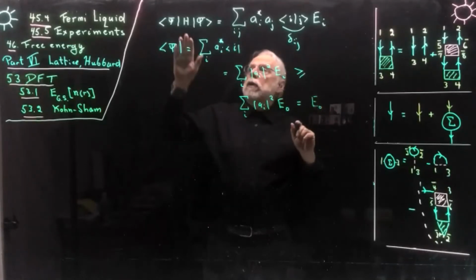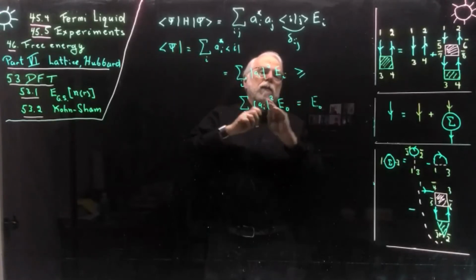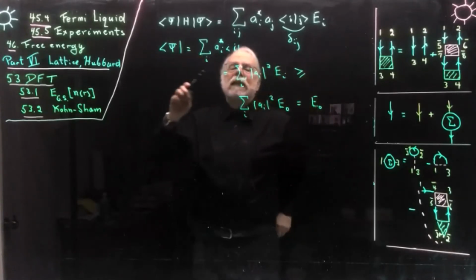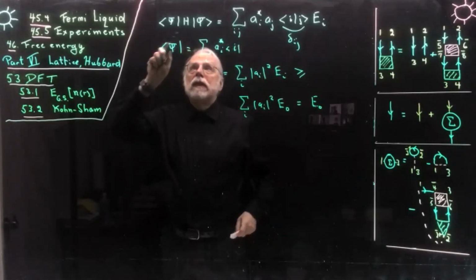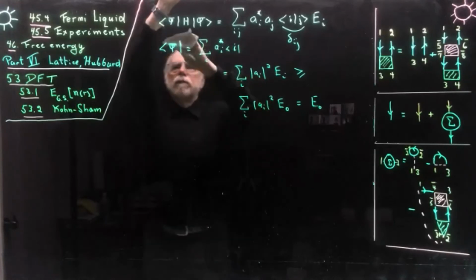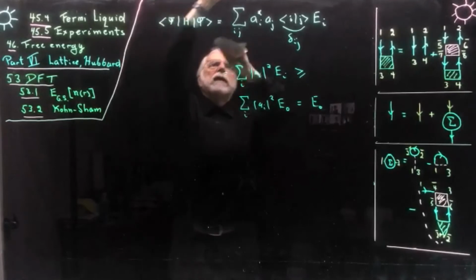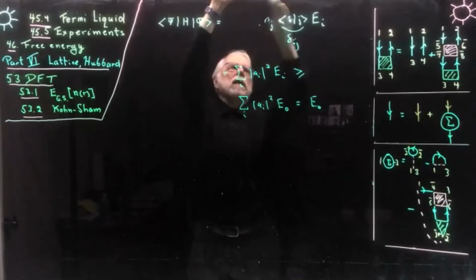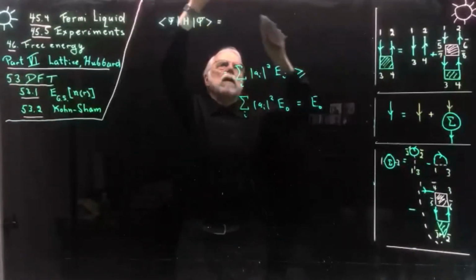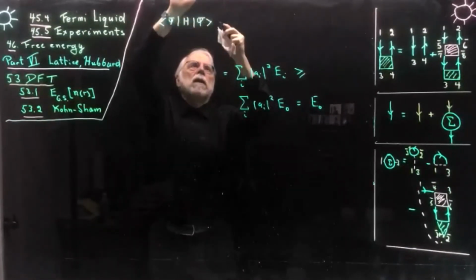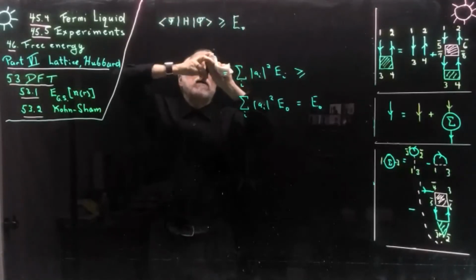So I have established that this is always greater or equal to the ground state energy. The ground state energy is the minimum of this over wave functions. So that's the variational principle, very easy.